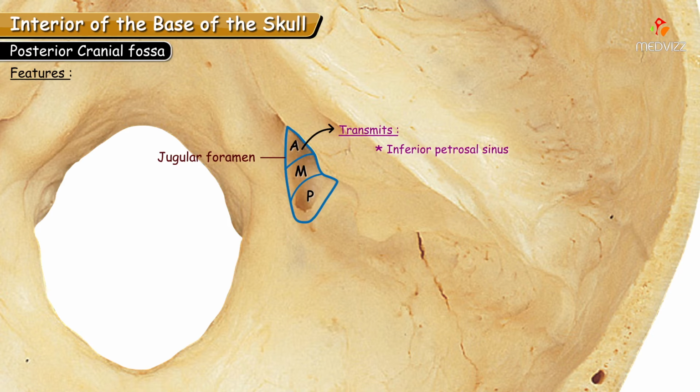We just now heard of the inferior petrosal sinus, which runs along the inferior border of the petrous part of the temporal bone in the petro-occipital fissure. So the same inferior petrosal sinus and the meningeal branch of the ascending pharyngeal artery. So these are the structures passing through the anterior part.